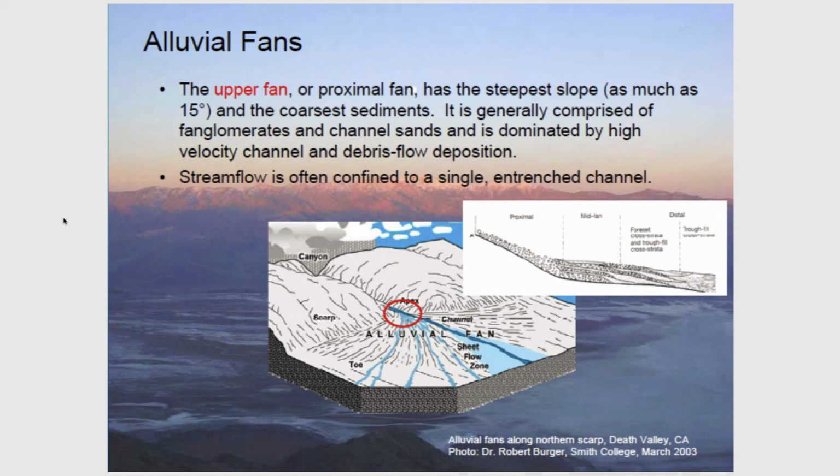Okay, so streamflow is often confined to a single entrenched channel, and remember the composition of the material that accumulates at the beginning is quite often enriched with a muddy matrix. So we have fanglomerates that form, and this is because these sediments are relatively immature, so quite a bit of mud is present.